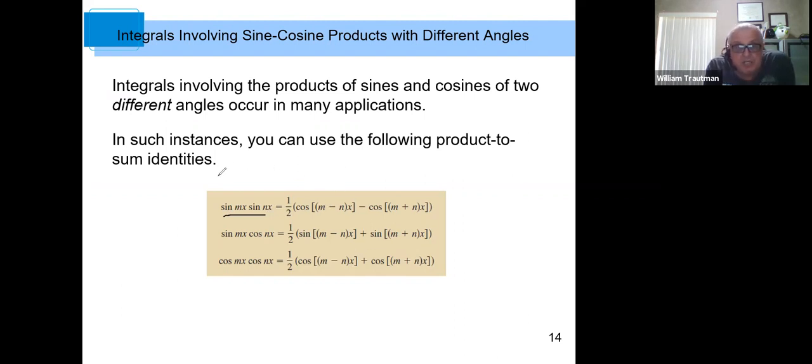Here, let me give you an example. If I did sine 5x times sine 3x, there's 2 sine v. You would then change this.